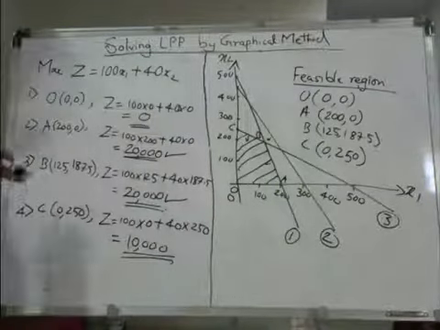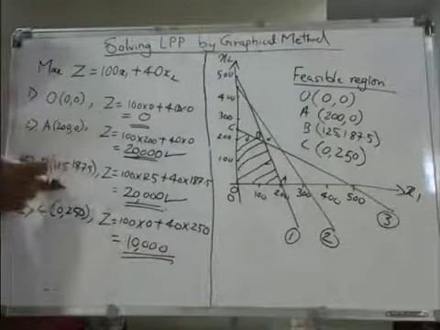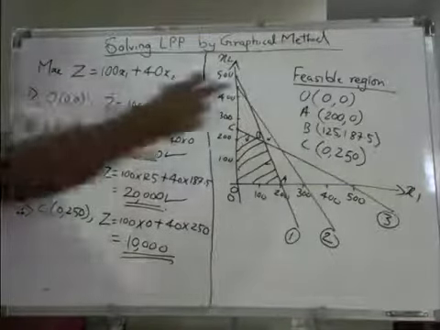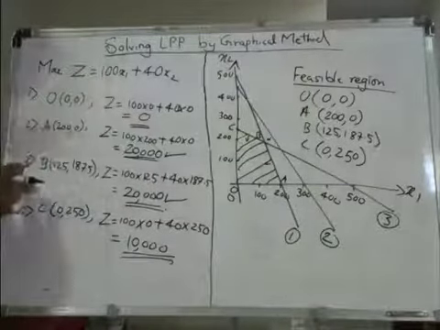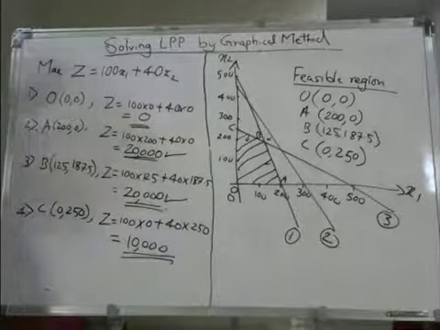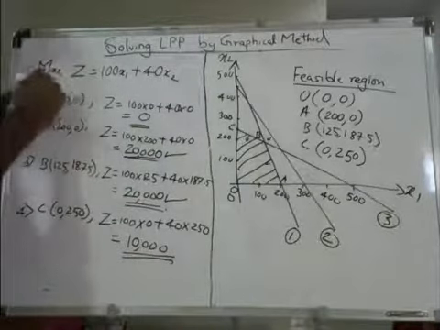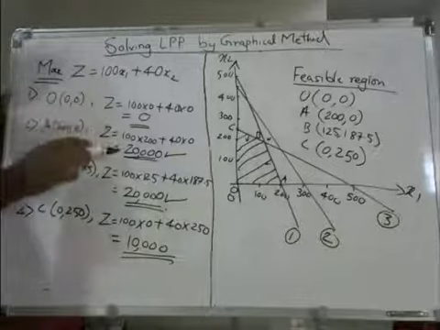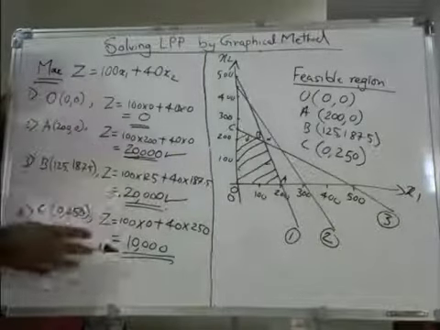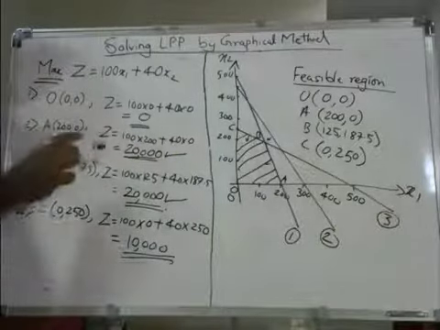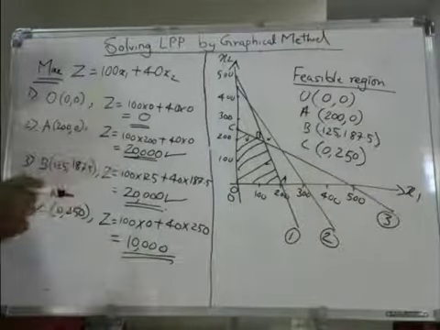So that means the optimal solution lies with A coordinate as well as B coordinate. Because we are trying to maximize Z, we take the highest value. The maximum value is 20,000, because this is just 10,000, this is 0. So there are two maximum values here.